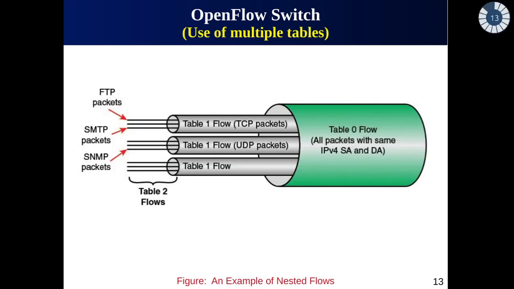Okay, next let us see again how the use of multiple tables can enhance the functionality and how they work. The use of multiple tables and multiple flows enables the nesting of flows, or put another way, the breaking down of a single flow into a number of subflows in parallel.